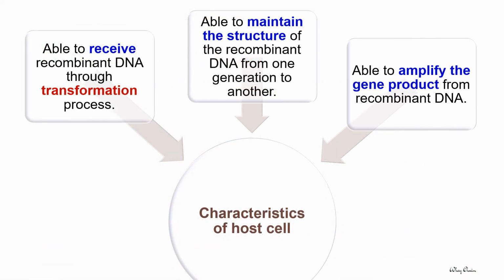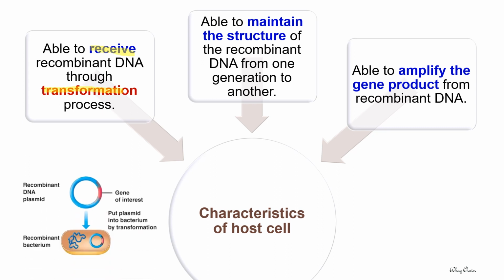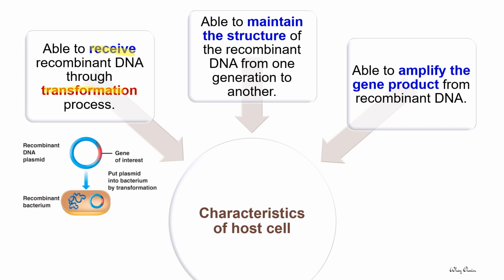Whether a bacterium can be chosen as a host cell in recombinant DNA technology actually depends on these three characteristics. First, they must be able to receive recombinant DNA through the transformation process. After the insertion of the recombinant DNA, they're able to maintain the structure of the recombinant DNA from one generation to another generation.